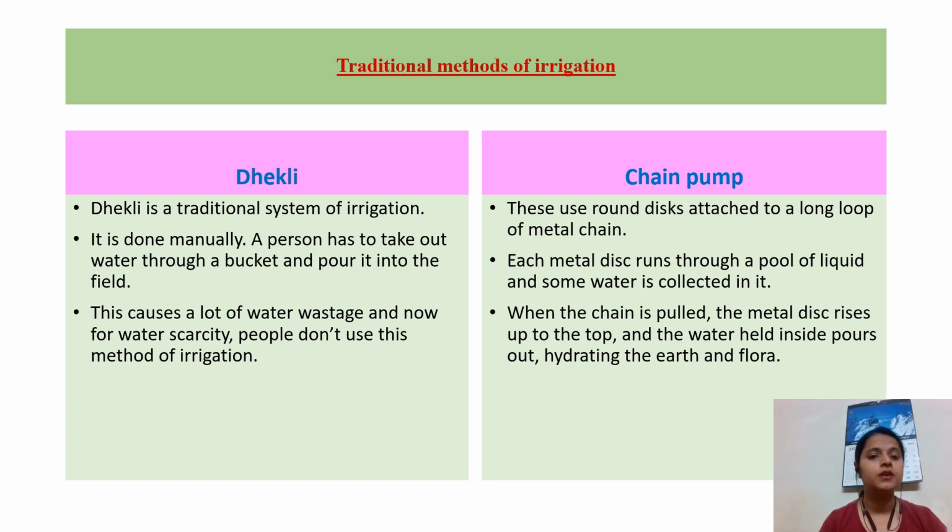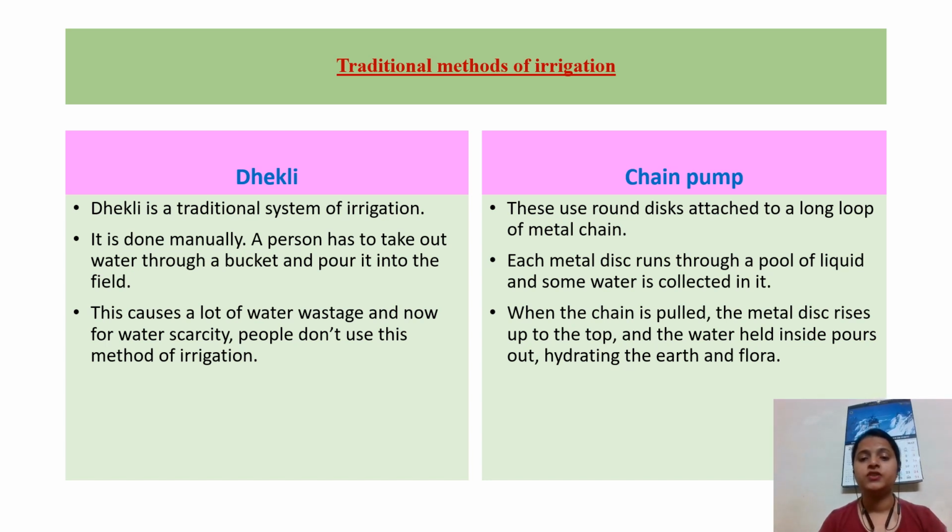Of course, a person has to take out water through a bucket and pour it into the field. And in the chain pump, each metal disc runs through a pool of liquid and some water is collected in it. This causes a lot of water wastage, and now, due to water scarcity, people don't use this method of irrigation.